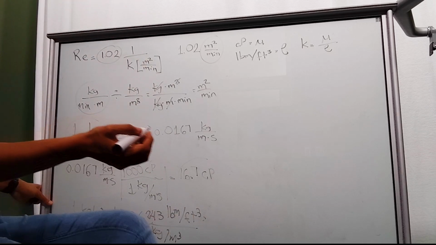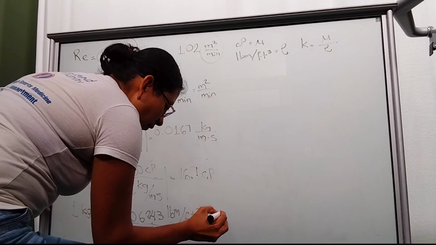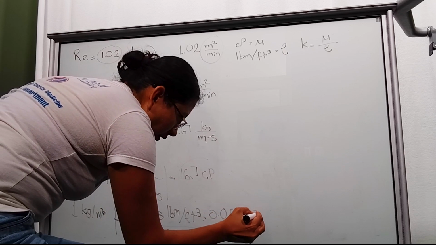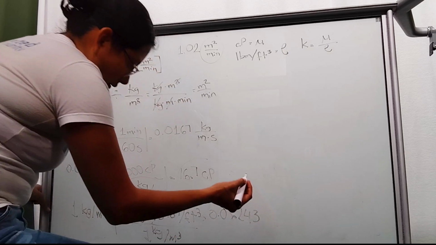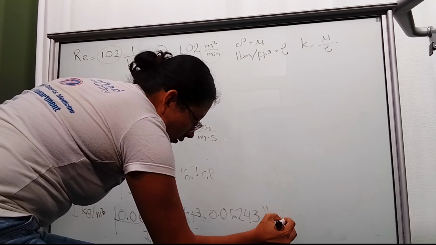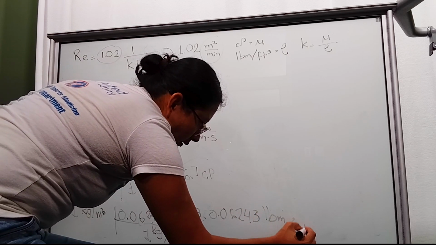So here the final answer will be 0.06243 pounds per cubic feet.